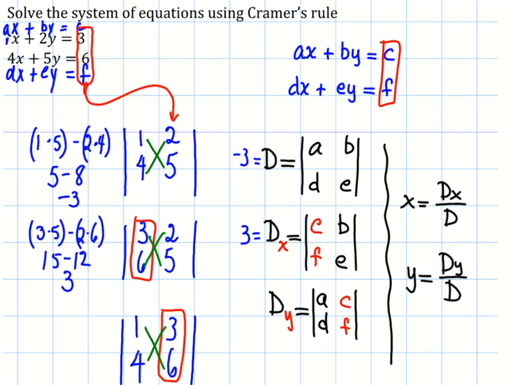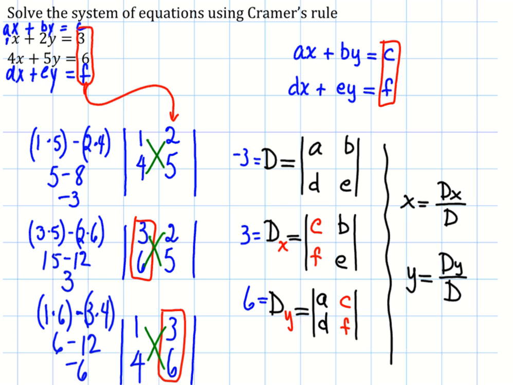So Dx would be 3. One more time. Always start with the main diagonal, down, up, down. So 1 times 6 minus 3 times 4. 6 minus 12, which is a negative 6.